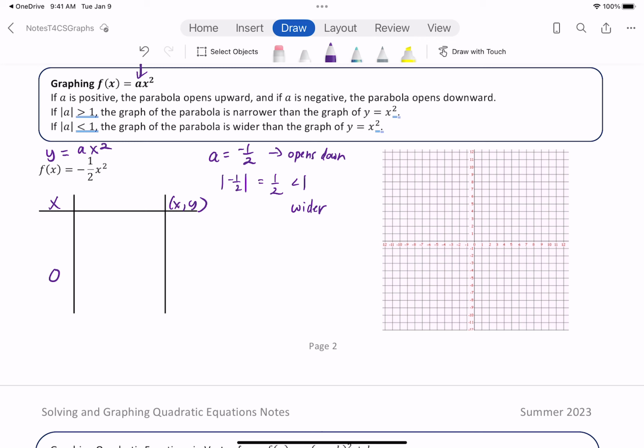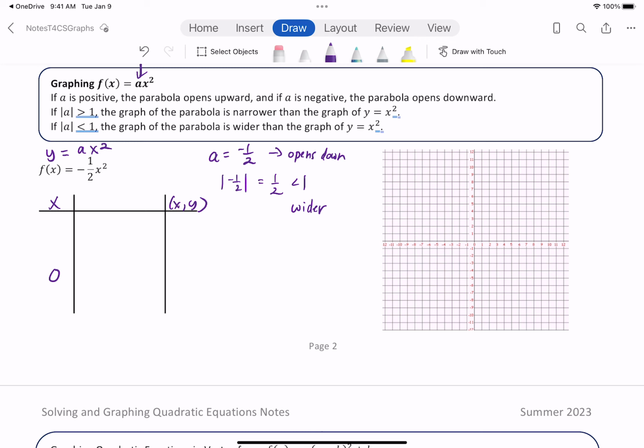We can do that again here, but of course having that -1/2 in the problem is going to affect how nice my answers are. If the denominator of that fraction in this case is 2, if we choose multiples of 2, we'll get nicer answers.